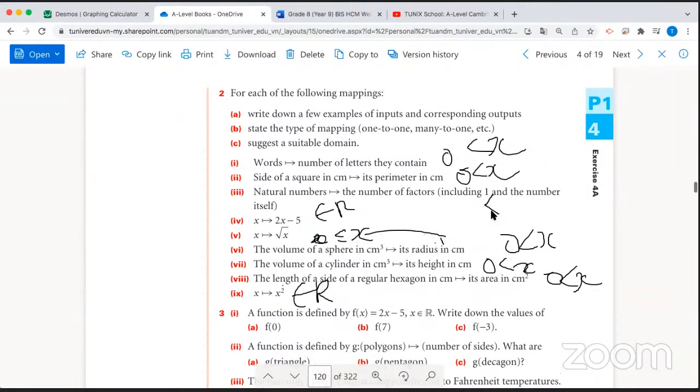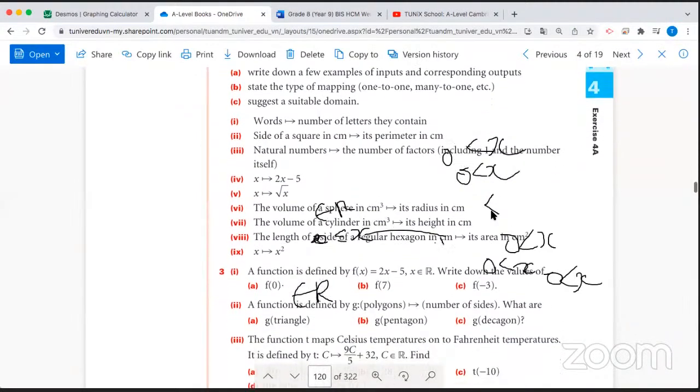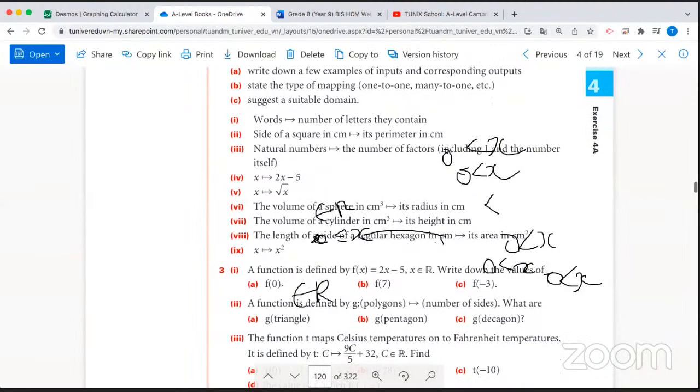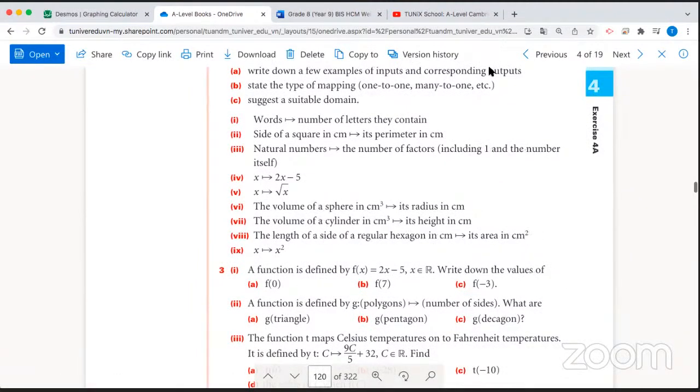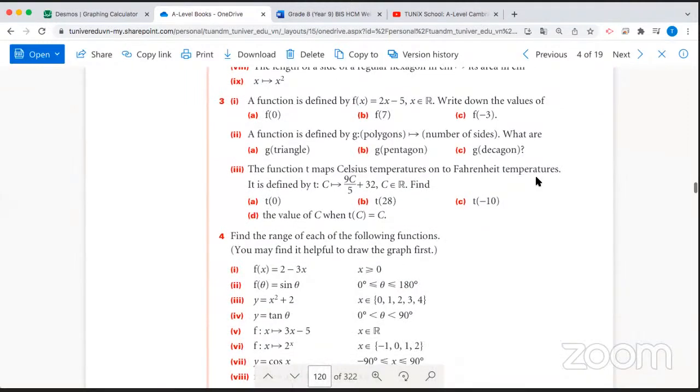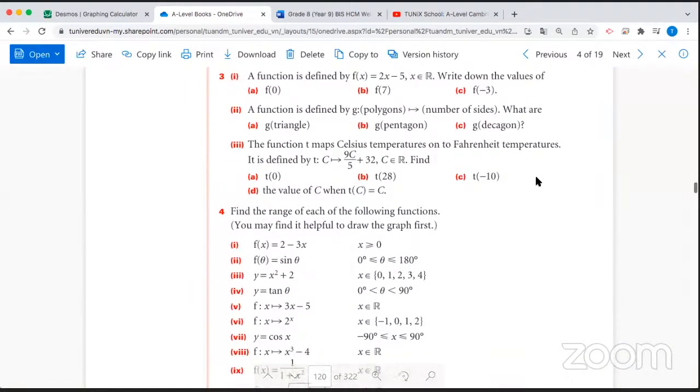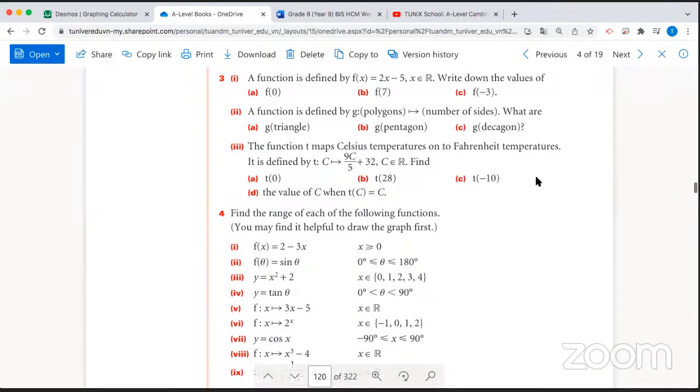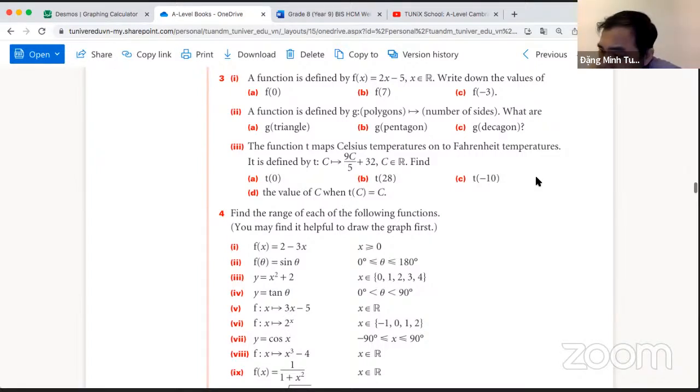A is f(0) equals -5. B, f(7) equals 14 minus 5, that's 9. And f(-3) is 2 times -3, which is -6, minus 5, equals -11. Yes, I believe that's the correct answer.